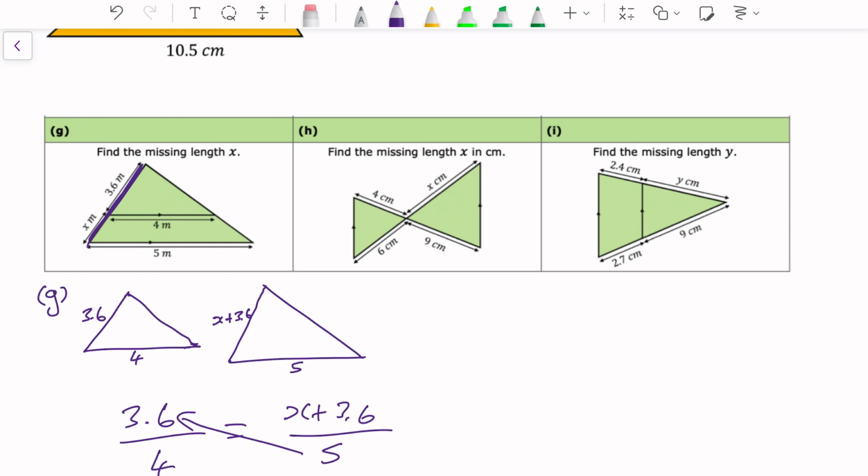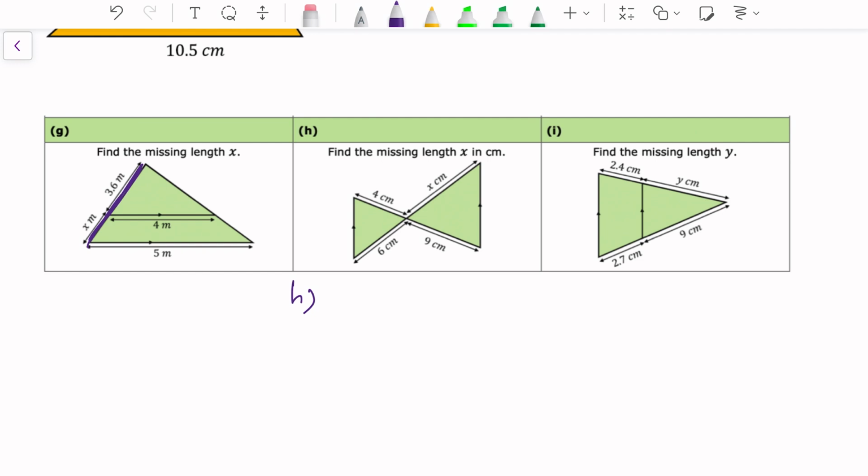So you have those two options. You can either do the corresponding sides in the two different triangles, as we did before, over each other, or you can do what we're doing in this case, 3.6 over 4 equals x plus 3.6 over 5. Both ways work because the sides are in proportion. So all those fractions are equivalent.